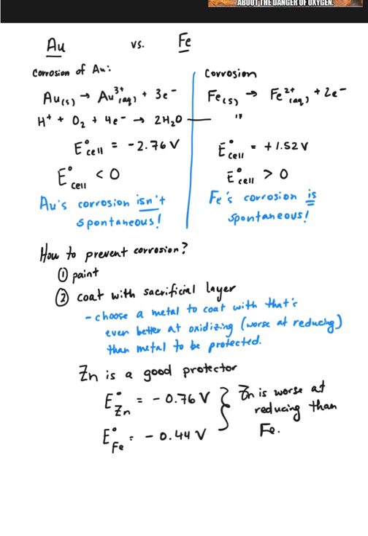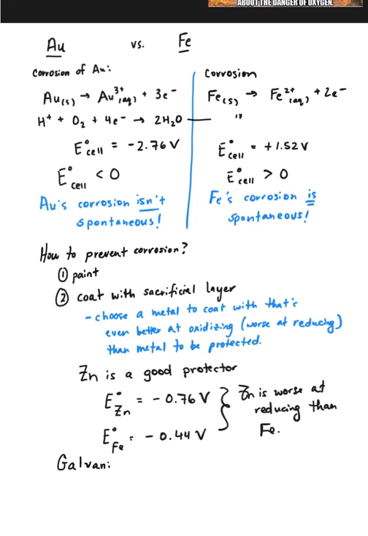The use of zinc as a sacrificial layer has been employed for years. The process of using zinc as a protective layer or barrier against corrosion by applying zinc as a surface coat is called galvanization.